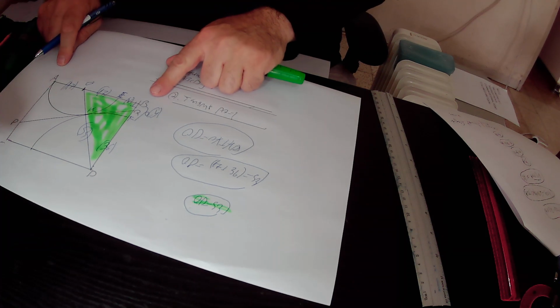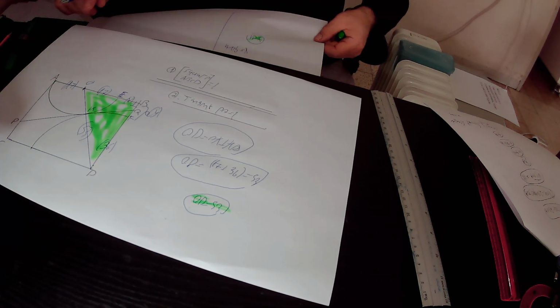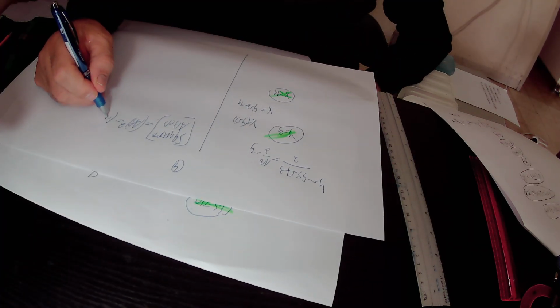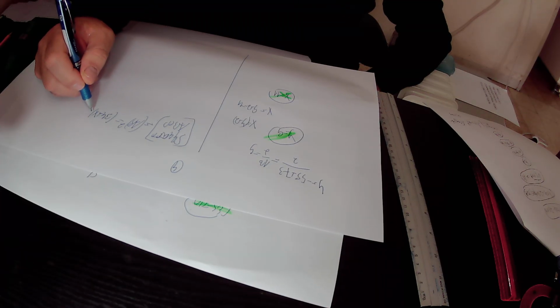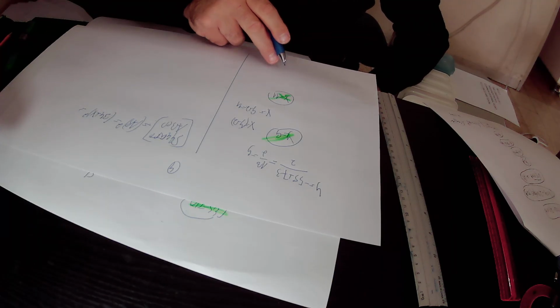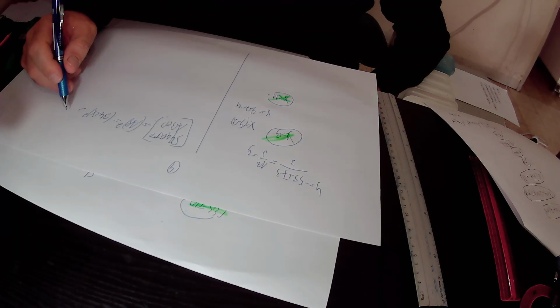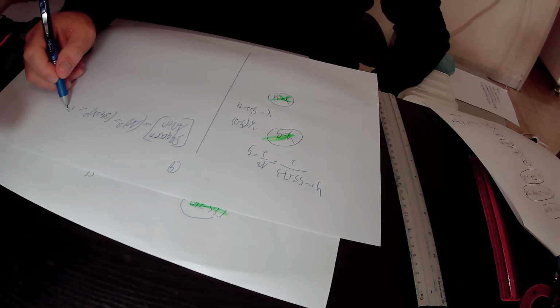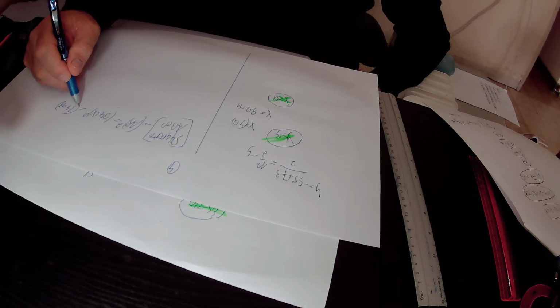AB in total is 17 plus 17 is 34, plus x. AB is 34 plus x. Therefore, AB squared must be equal to 34 plus x, squared.